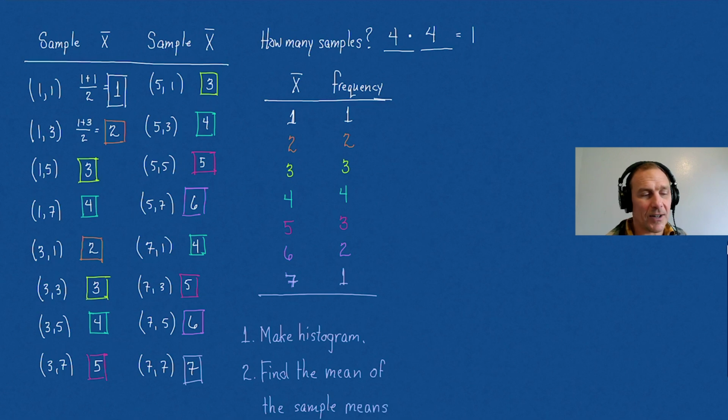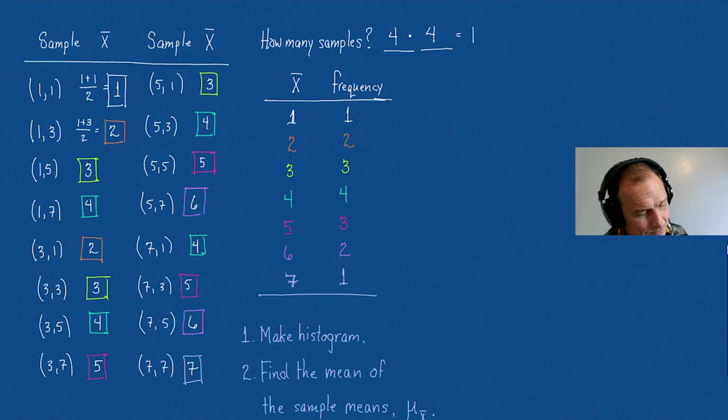And it has a unique notation. It's described as mu, just like the population mean, but this time it's mu of the sample means, and so that's the notation that we're going to use.